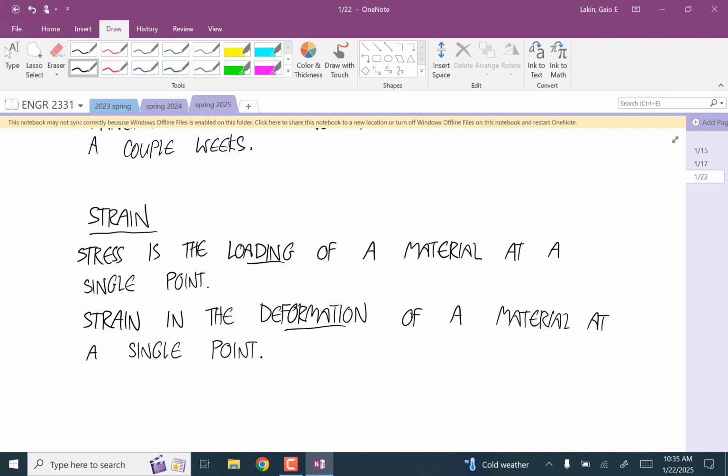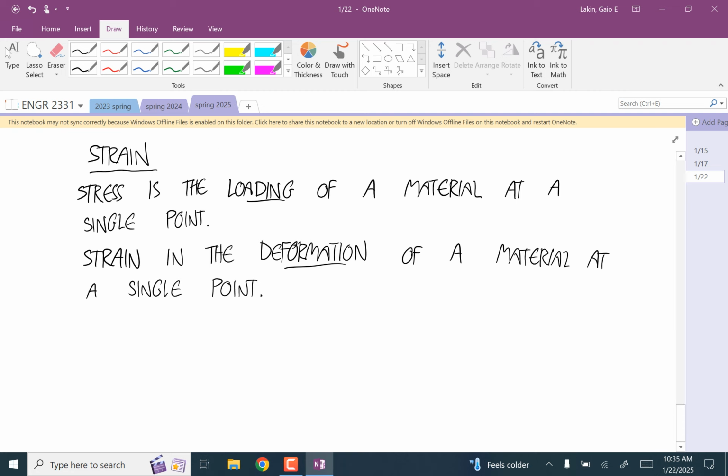So what we would love is if there was that simple of a relationship between the local infinitesimal loading at a point and the infinitesimal deformation at a point. And it turns out that there is.